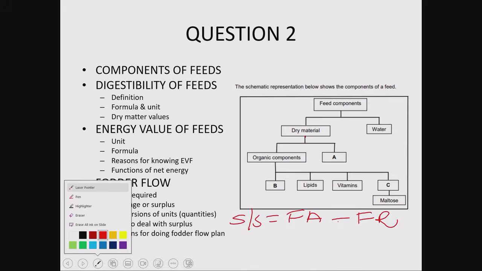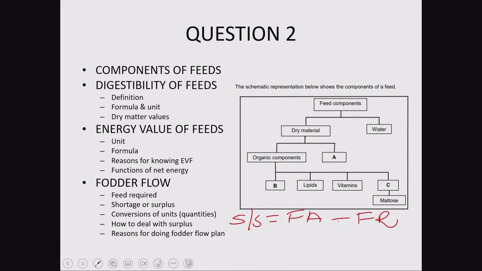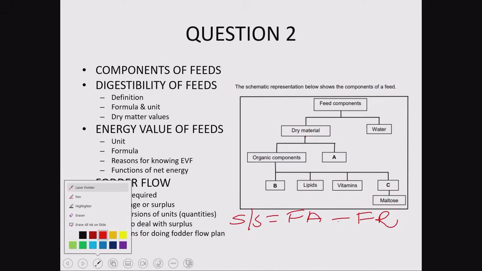If you are given 50 kg, in order to take it to tons, you have to divide by 1000. And then if you have tons, you have to change them to kg. You have to times by 1000.